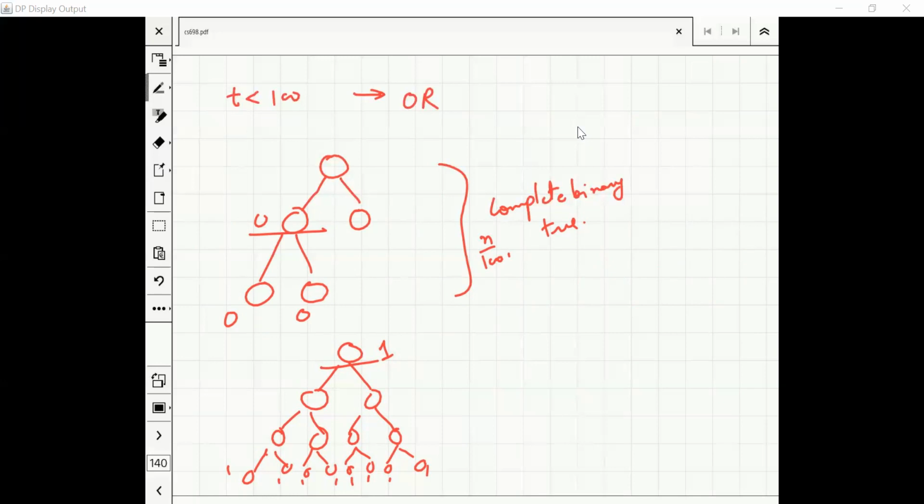Okay. Now, if you assume that, then for t less than 100, the argument is very, very simple. Look at the path of all zeros. Obviously, my input 0, 0, 0, 0, 0 should lead to a path in my complete binary tree.